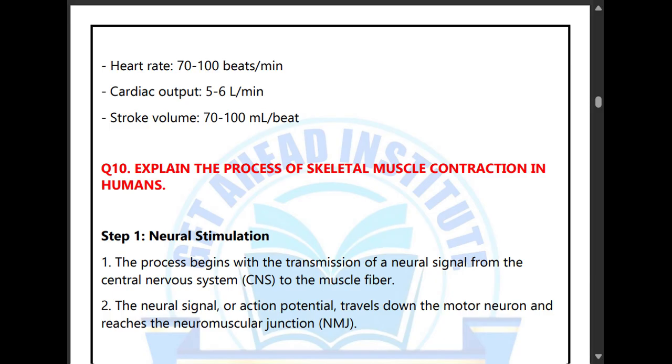Firstly, I would want to mention that when it comes to muscle physiology, there are a few things you need to know. You need to know the differences in the three types of muscles. You need to know the mechanism of muscle contraction in skeletal and smooth muscles.